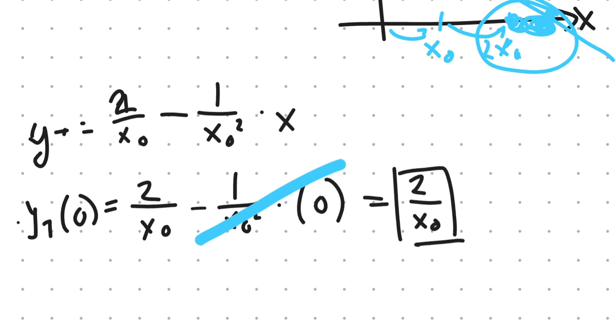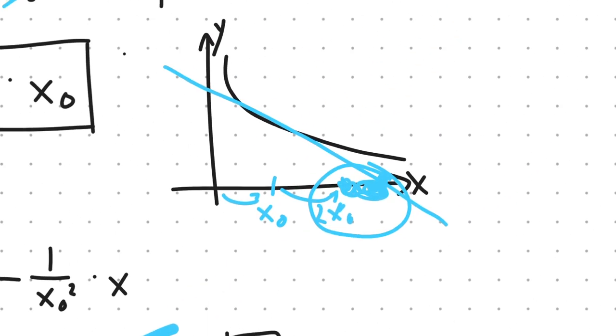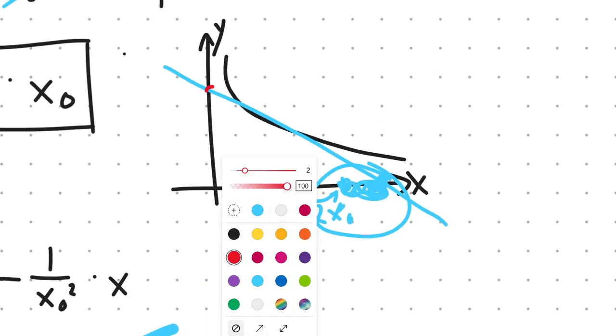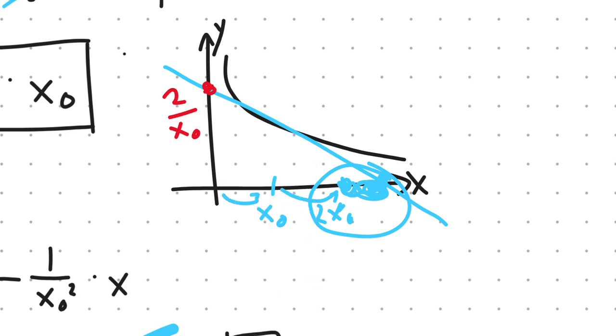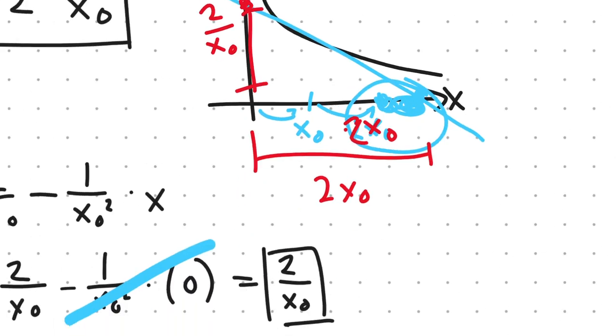Okay, so in the last we'll get 2 over x0, which is this one. This is 2 over x0. Now we have 2 over x0 and 2 times x0. So the length of this is 2 times x0, and the length of this is 2 over x0.